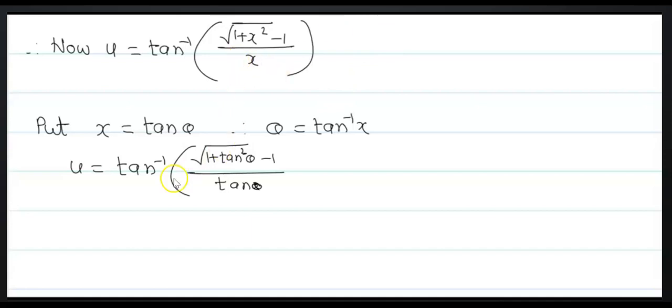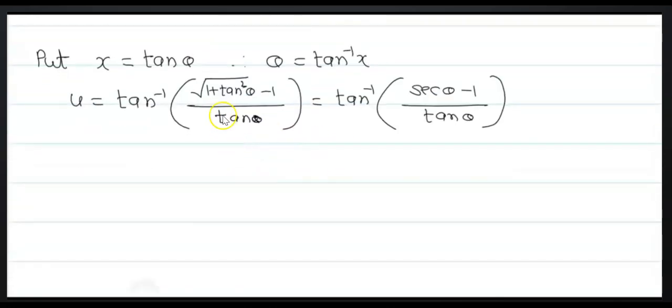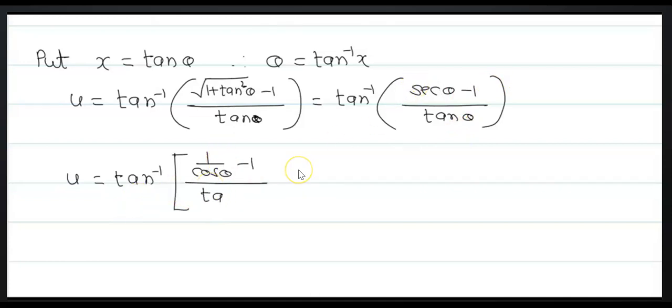U is equal to tan inverse of root of 1 plus tan square theta minus 1 upon tan theta. That is, 1 plus tan square theta is sec square theta, square and root get cancelled. You will get sec theta minus 1 upon tan theta. Therefore, u is equal to tan inverse. Sec means what? 1 upon cos theta minus 1 upon tan theta.